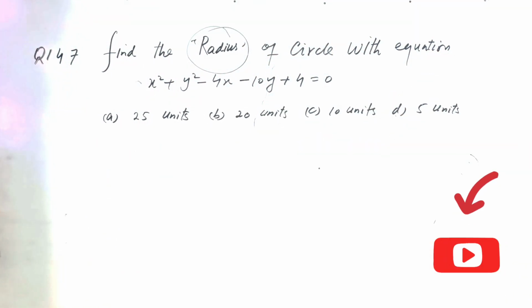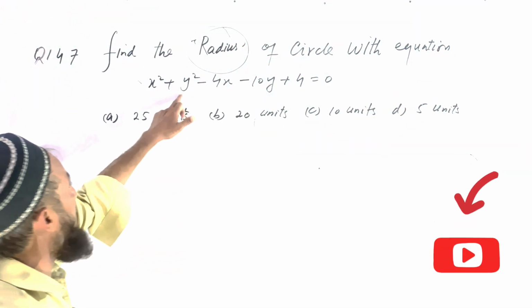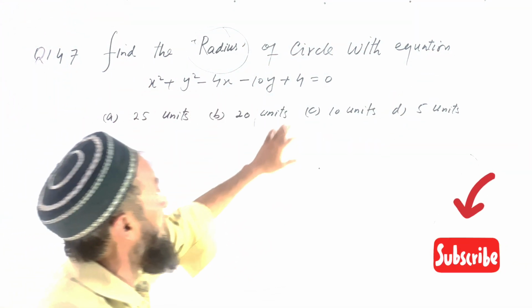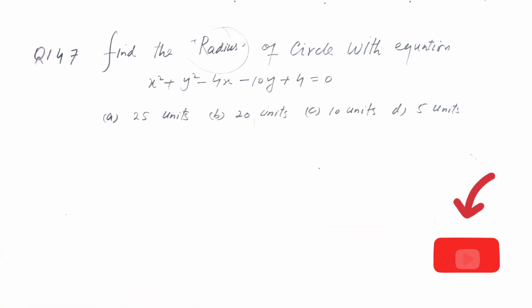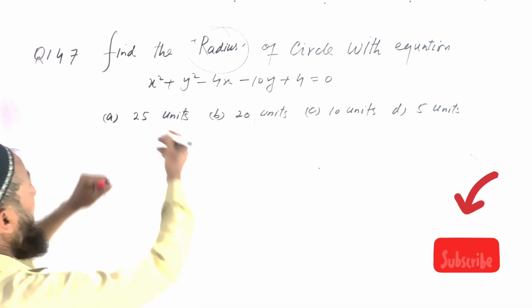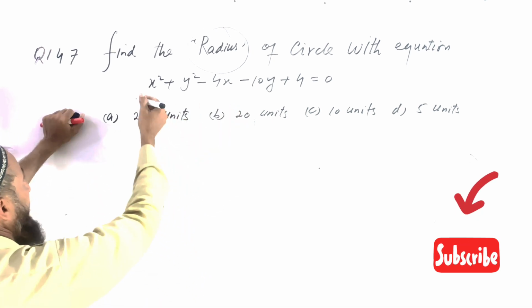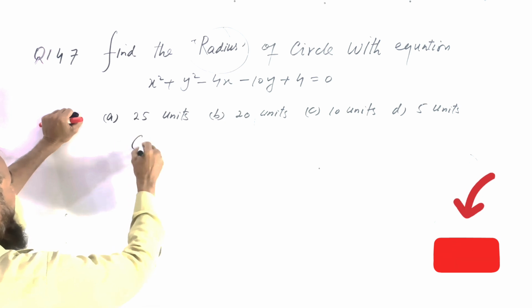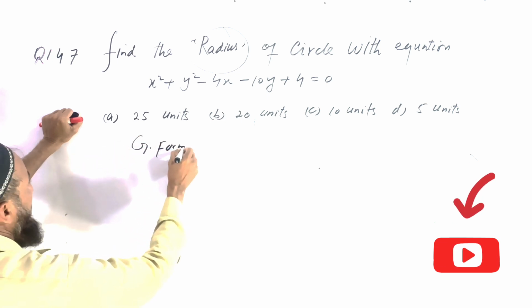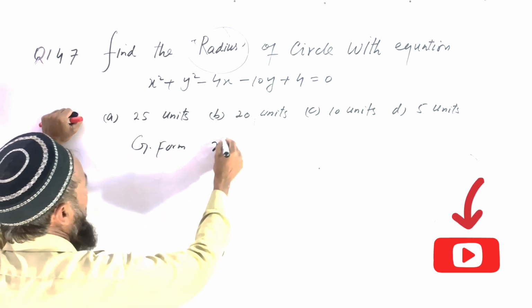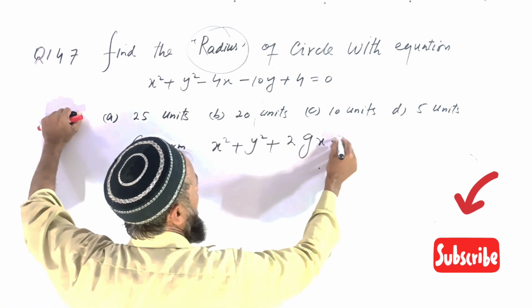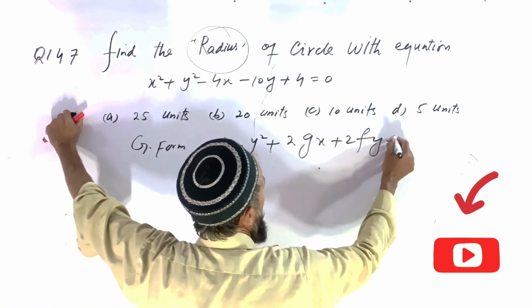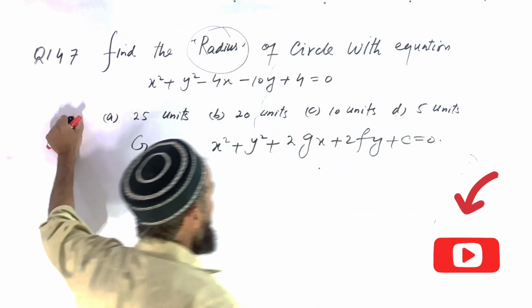Of the circle with equation x square plus y square minus 4x minus 10y plus 4, what is the radius of the circle? First of all, we compare with the general form of the equation of a circle, x square plus y square plus 2gx plus 2fy plus c is equal to 0.